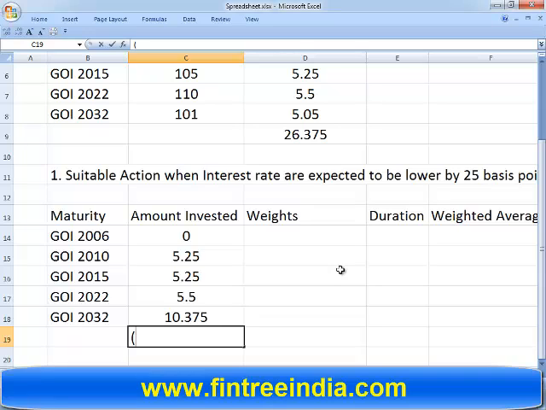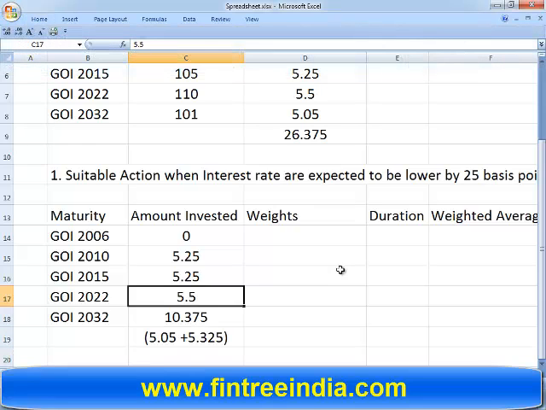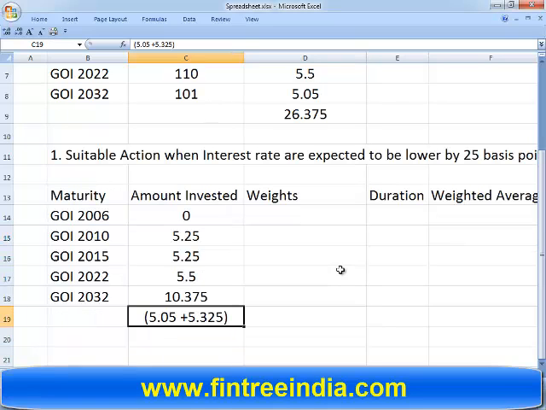So you can write down the explanation: 5.05 plus 5.325. Are you done writing the explanation? So let me delete, I need this row.